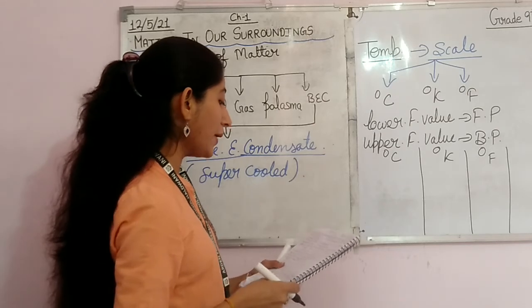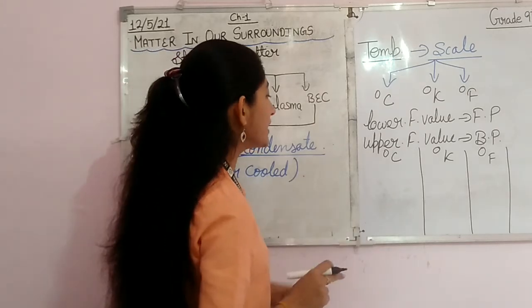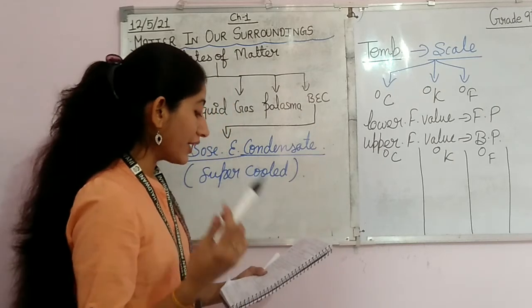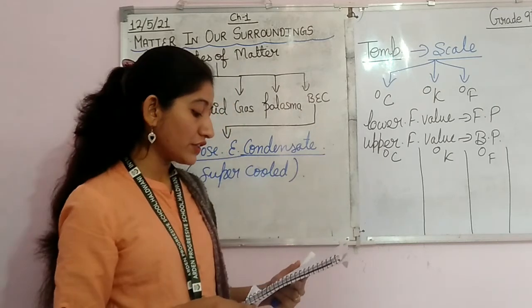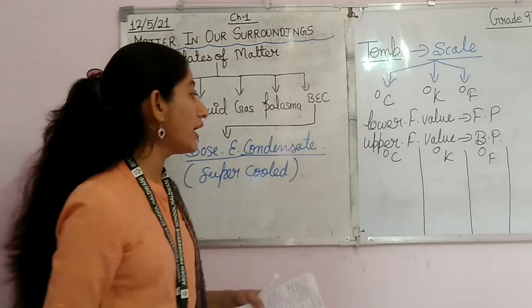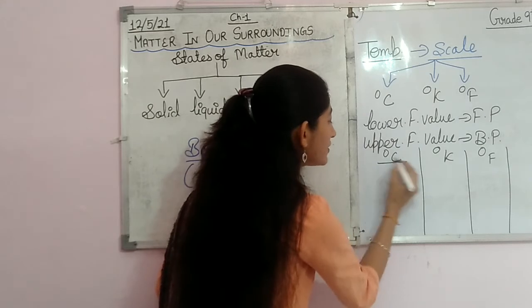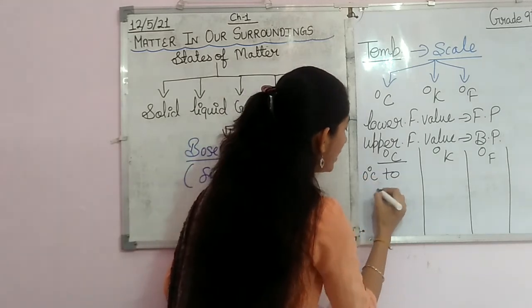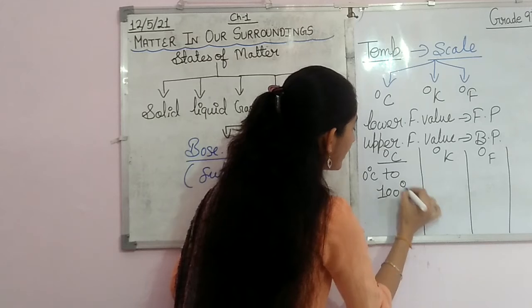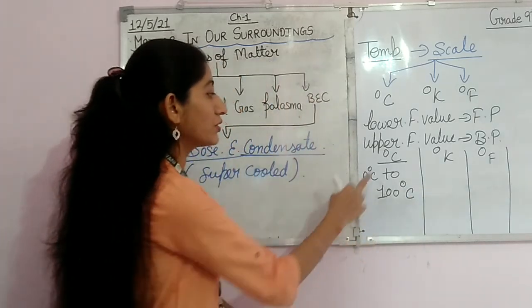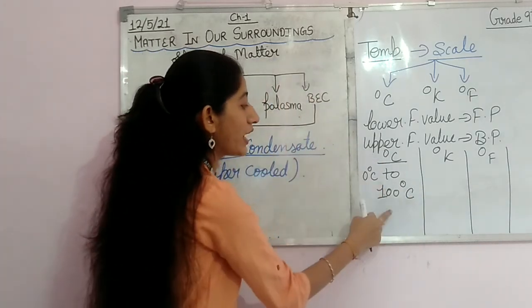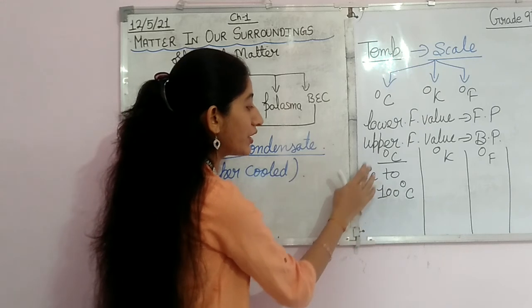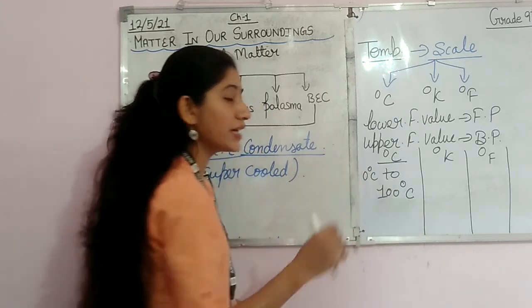Degree Celsius is from 0 degree Celsius to 100 degree Celsius.